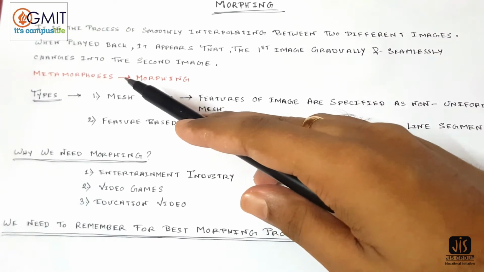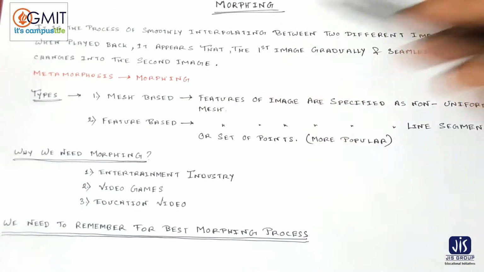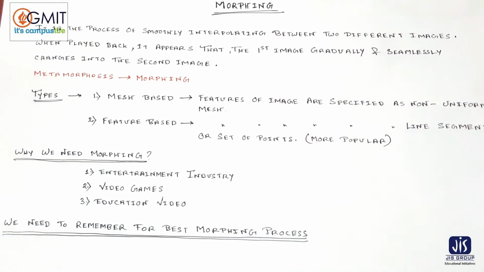Here is where the word morphing came from. It actually came from the word metamorphosis. Metamorphosis means something is changing or transforming, changing the shape or appearance of the image.